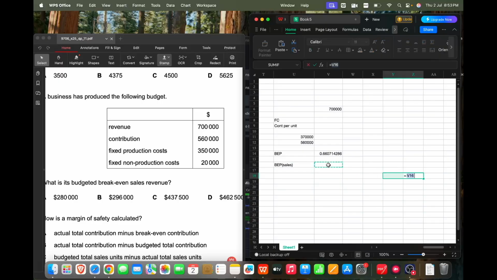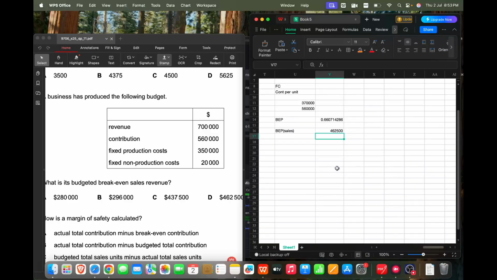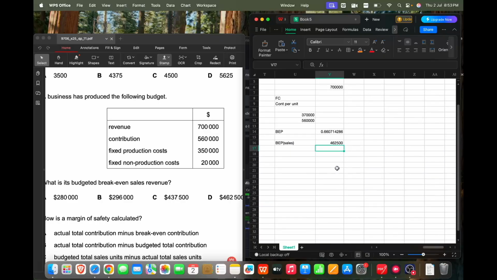BEP sales is contribution break-even units into total revenue, and then we get 462,500. Let's try the next method, which is the assumption method.